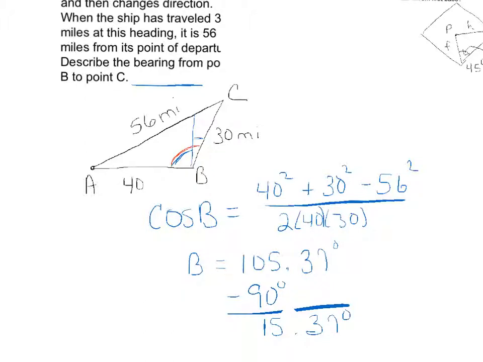And notice we are from north towards the east. So the bearing from point B to point C is north 15.37 degrees east.